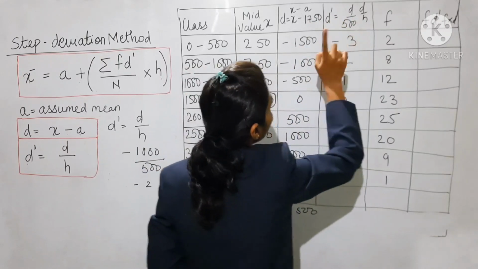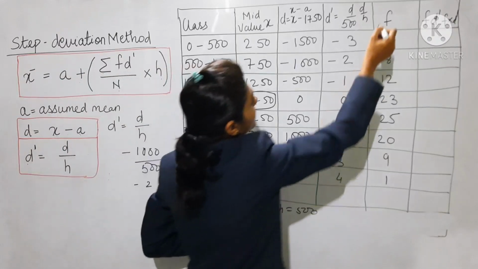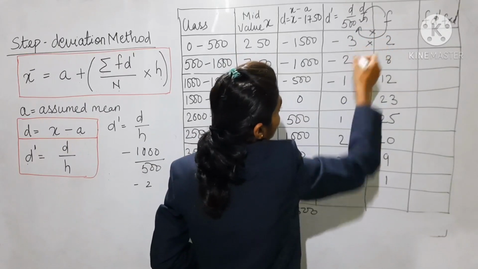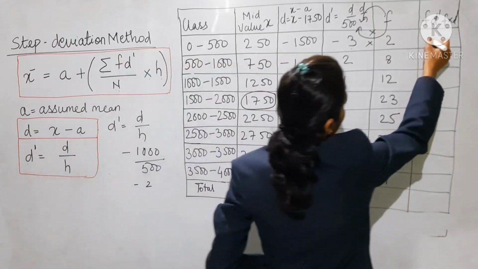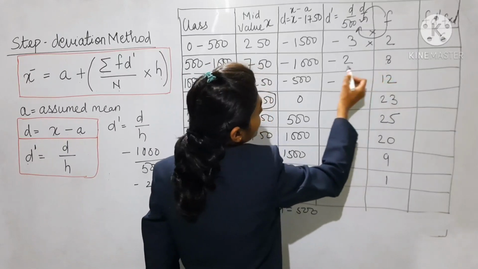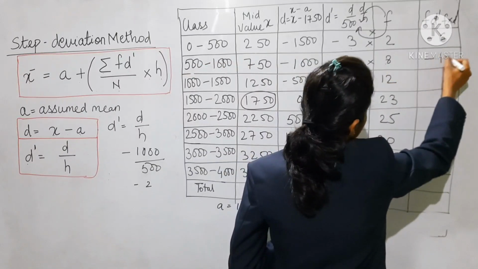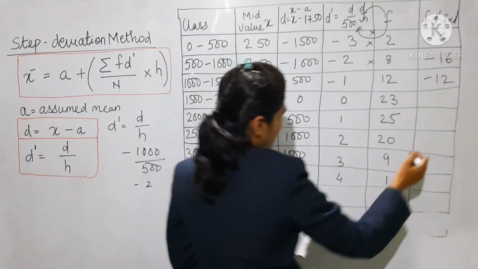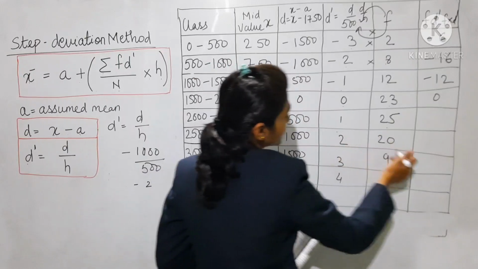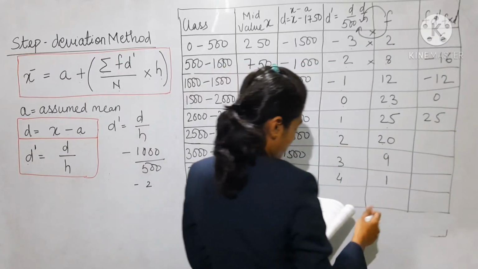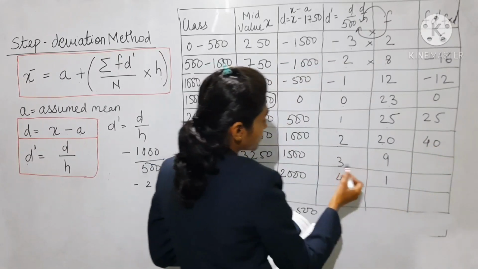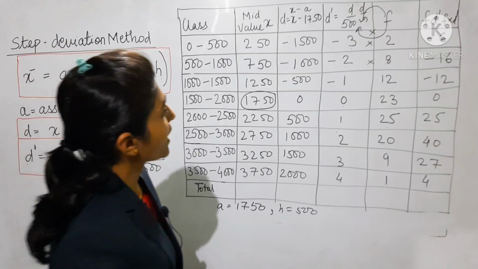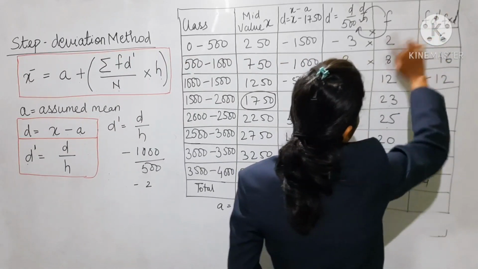D dash I have already got by dividing D upon H. So 2 into minus 3 we get minus 6, then 8 into minus 2 we get minus 16, 12 into minus 1 is minus 12, then 23 into 0 is 0, 25 into 1 is 25, 20 into 2 we get 40, 9 into 3 is 27, 1 into 4 we get 4. In this way we have got F into D dash.